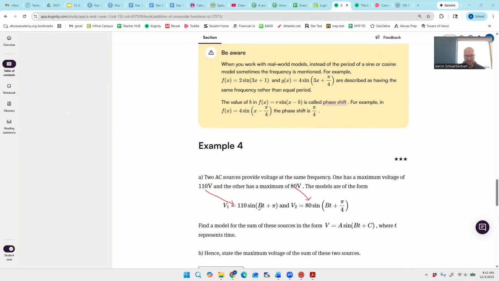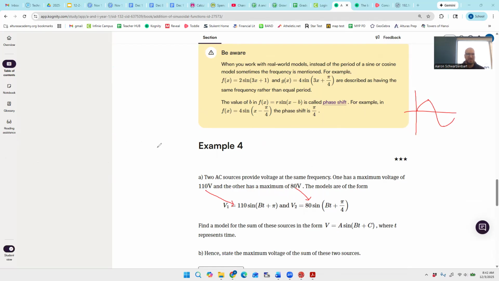And we are told that they have this for the waves. The maximum voltage on this one's 110, because you can represent alternating current with a sine wave, and the voltage is the high and low. So the maximum is the max of the sine, 110 or 80 for V2.